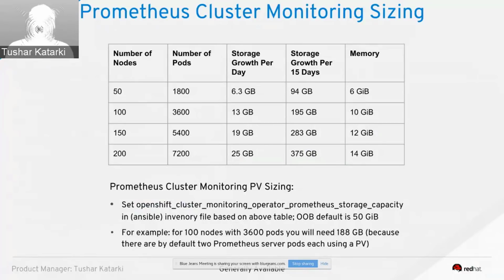Depending on that, you would edit the Ansible inventory file to set the storage capacity as shown here, based on this table. Obviously this is just an example to give you guidance, but individual results might vary. Just use it as a guidepost. Next slide, please.